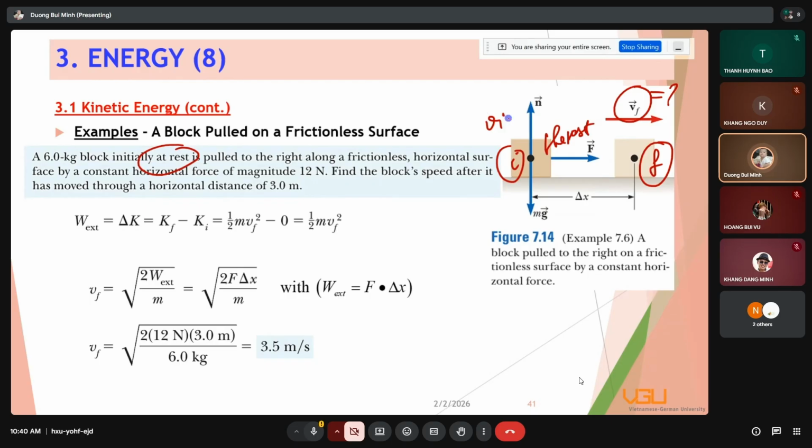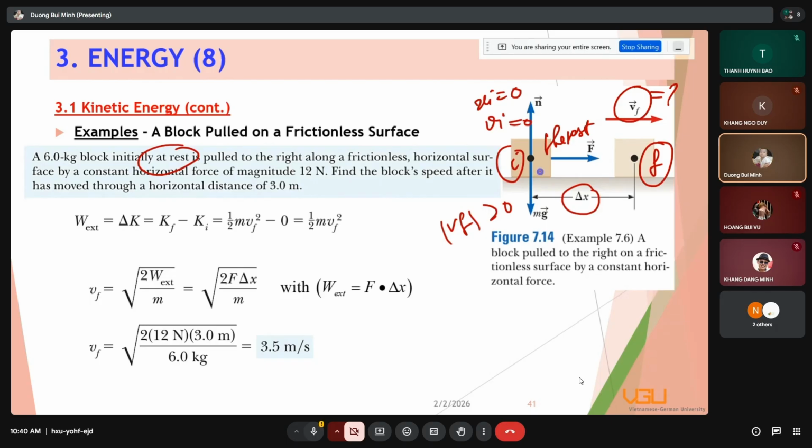Because this is the rest, so Vi must be 0, and xi must be 0 because this is steady state, this is the rest. Okay, and after some time, with the delta x displacement, you can get Vf. And of course, we know Vf must be positive.